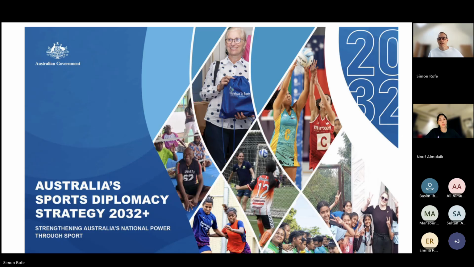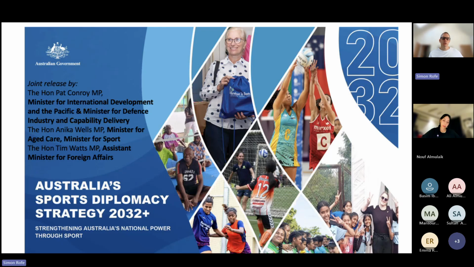There are some, but it also reflects how many different cultural values that a sport diplomacy strategy can entail. And it talks about, to use a word that I have used previously today, power. That's how you're increasing, strengthening Australian national power through sport.